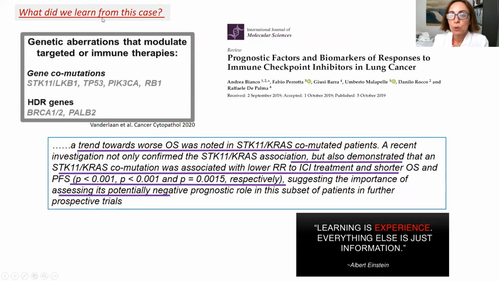What is the most important thing to learn from our cases and from our mistakes? We learned, if you remember the paper of Paul van der Laan, that there are genetic aberrations that modulate targeted immune therapies. And this is a paper from Umberto Malapel and the Italian group that said that the coexistence of STK11 and KRAS mutations confers a worse prognosis to this patient in spite of high expression of PD-L1.